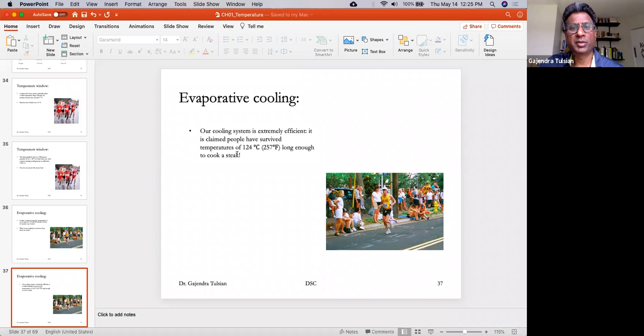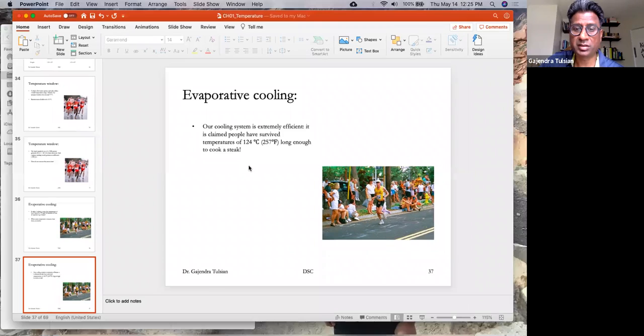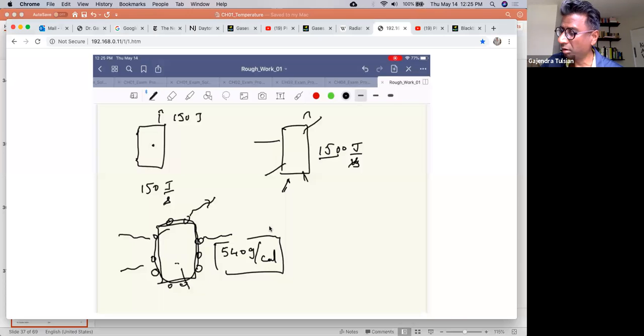It is claimed that people can survive temperatures of 124 degrees Celsius long enough to cook a steak. So what this statement is claiming is, you can go to Publix and buy a steak. Here's an oven. Here's the person.